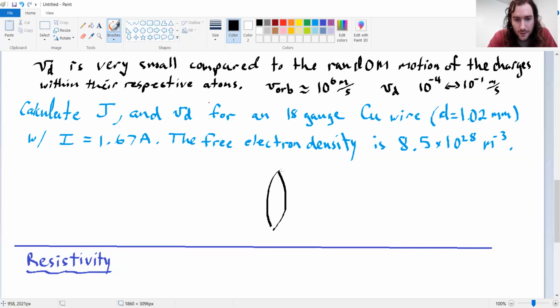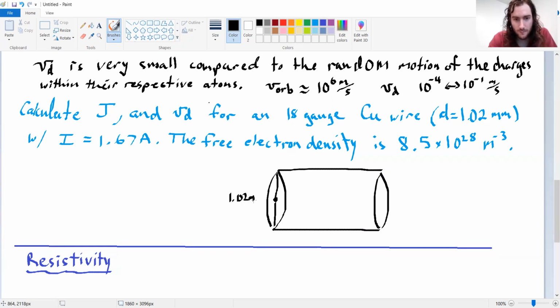Again, a lot of the pictures we'll have are just wires like this. So like so, and we have the radius of the wire given in terms of the diameter, 1.02 millimeters.